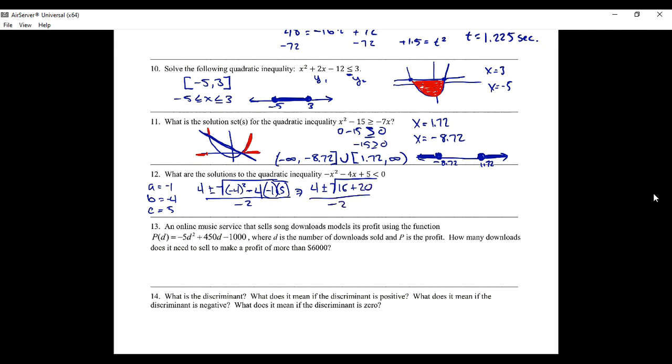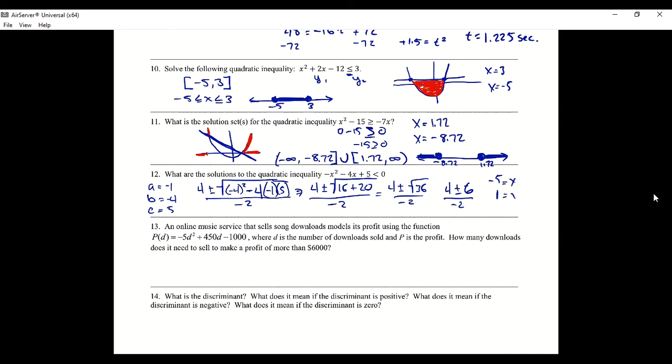All that over -2. 4 plus minus the square root of 36 over -2, or 4 plus minus 6 over -2. So 4 plus 6 is 10, divided by -2, -5. 4 minus 6 is -2, divided by -2, 1.